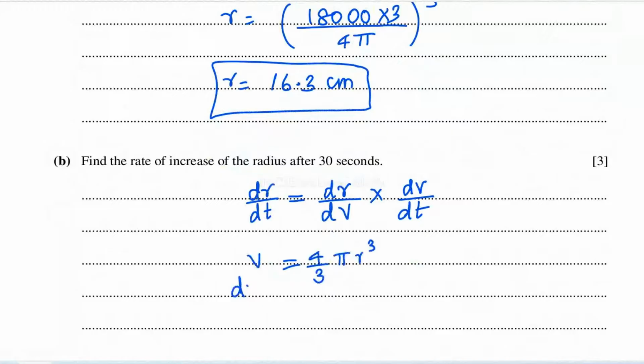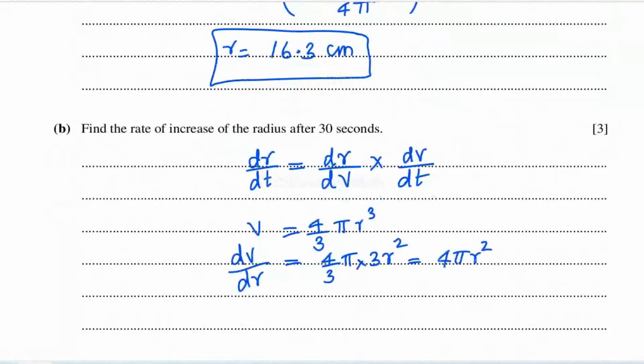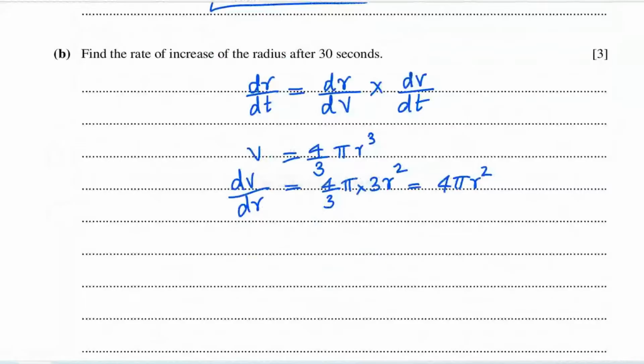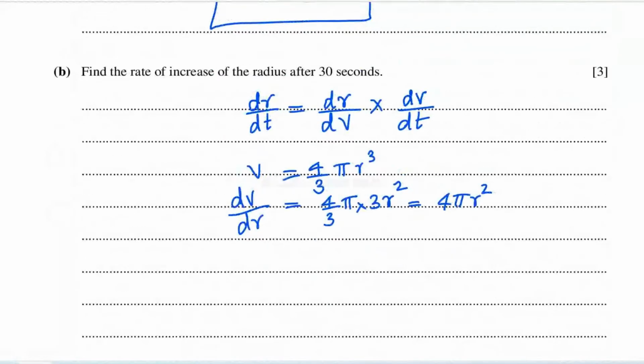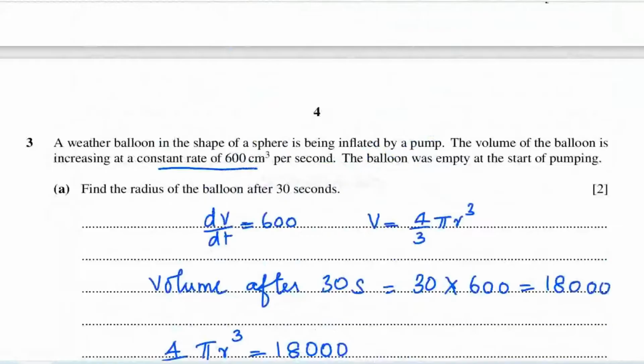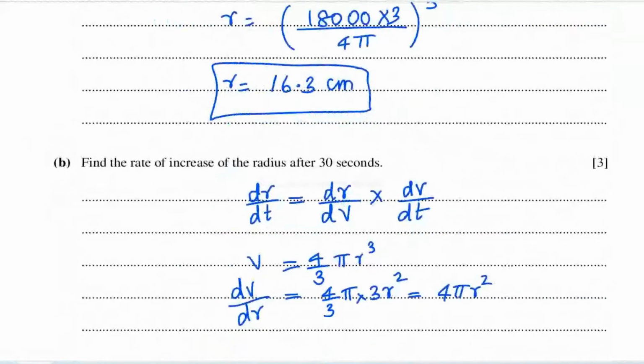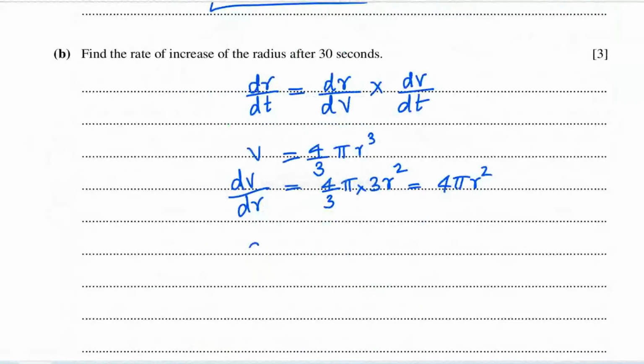So dv by dr, differentiating the volume with respect to the radius, 4 over 3 pi as a constant, so 3r square, which is equal to 4 pi r square. And we know dv over dt, which is given as 600. So substitute all the values.